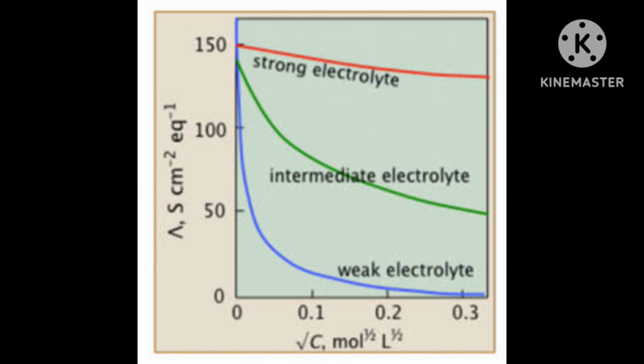Now you come to molar conductivity. You were knowing the formula: molar conductivity is equal to kappa into A divided by L. Now here L is equal to 1, and in the place of A you can write B, what I have given as explanation.